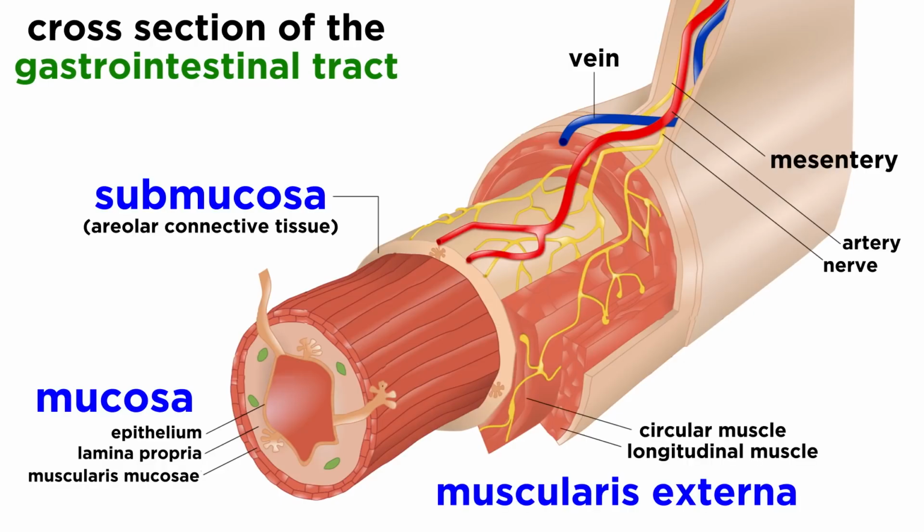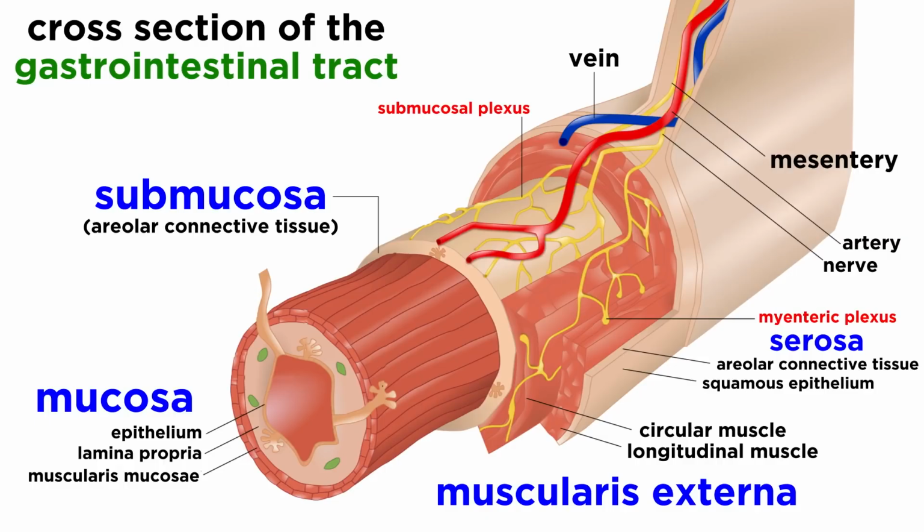Surrounding this layer is the muscularis externa, which is the muscular layer that performs segmentation and peristalsis, which help the food along the tract, as we discussed earlier. It is made of an inner circular layer and an outer longitudinal layer. And lastly, we continue to find the serosa. This is areolar connective tissue covered with a single layer of squamous epithelial cells that form a mesothelium.